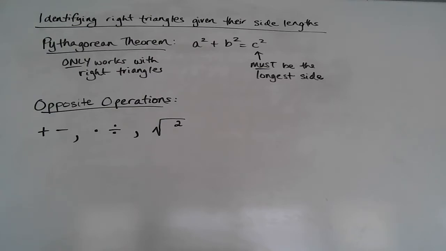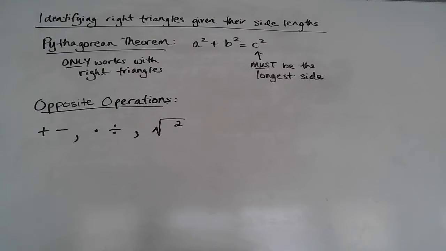So choose a number, square it, then take your result and take the square root. The only thing that could happen with this is if you choose a negative number and square it, you end up with a positive number. And then when you take the square root, you might not know that the original number was negative. In this case, that won't impact what we're doing because we're talking about side lengths of triangles, and side lengths of triangles are never negative.